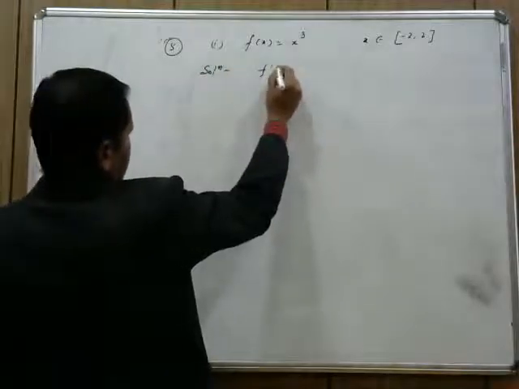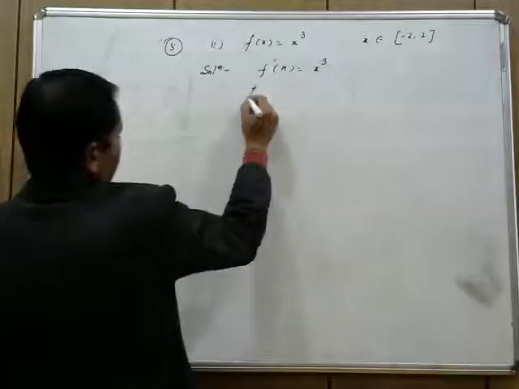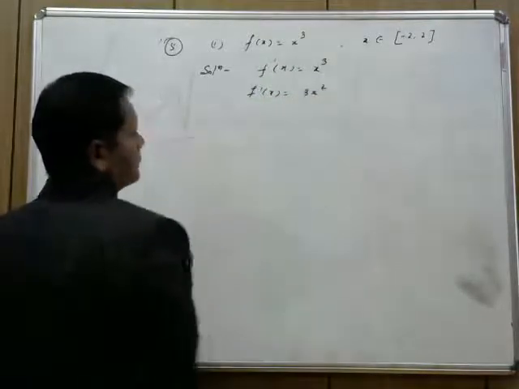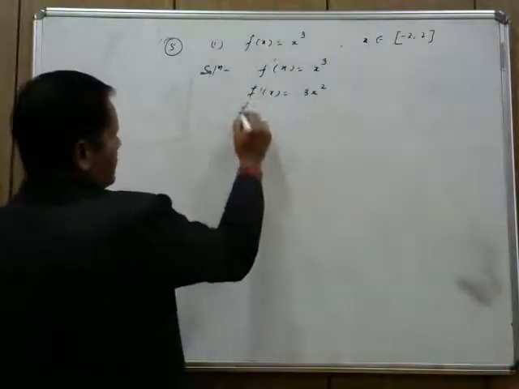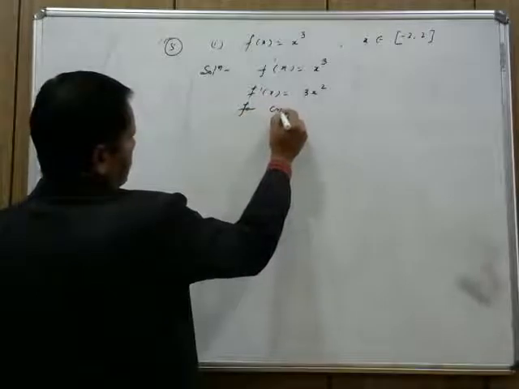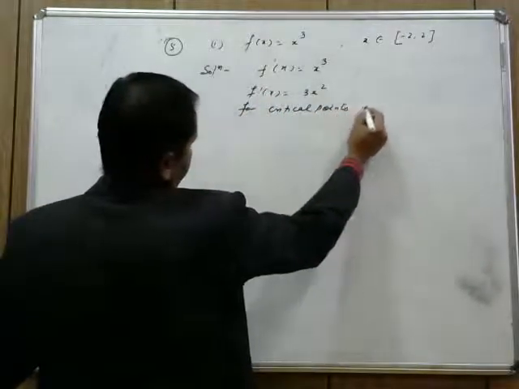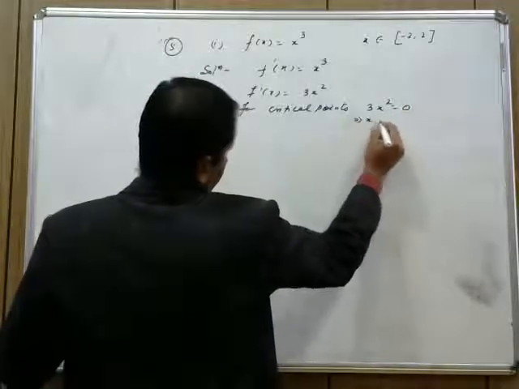f of x is equal to x cube. f dash of x is equal to 3x square, right? Now to find the critical points, 3x square equal to 0 implies that x is equal to 0.